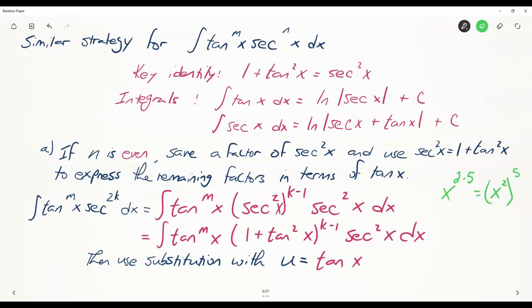If you have an exponent that is a product, you can write it as a power of a power, which is exactly what we did. Only I wanted the 2 on the inside and k minus 1 on the outside. The reason we want it in this order is because we're about to use this substitution right there. This secant squared of x is going to get a substitution. The other secant squared, nothing is going to happen to it right now.